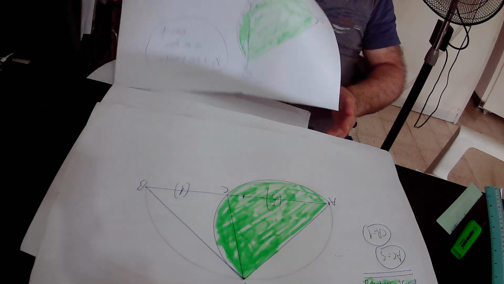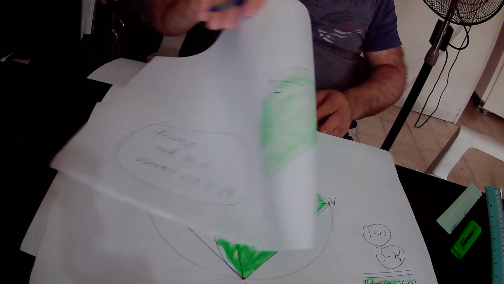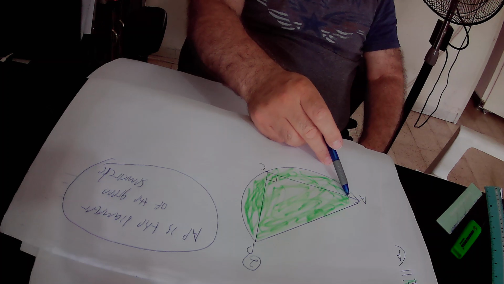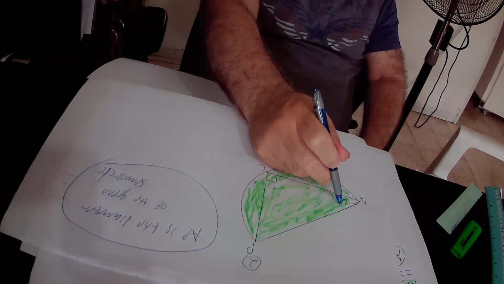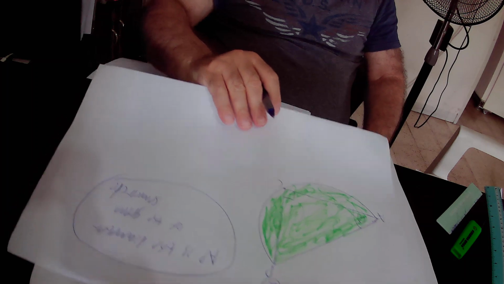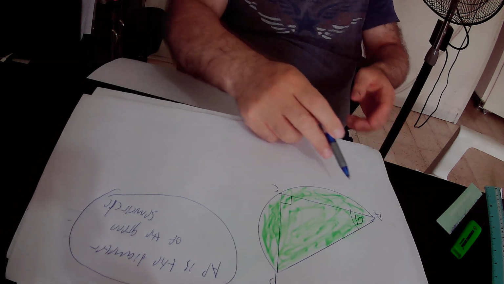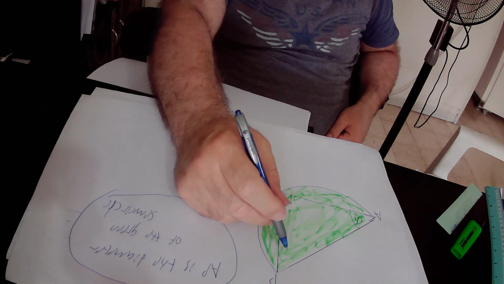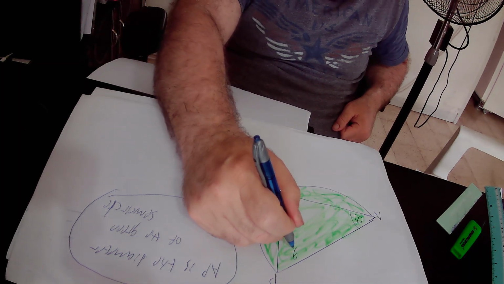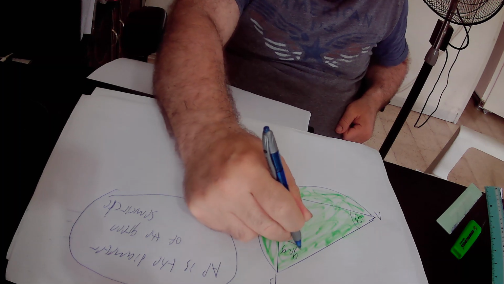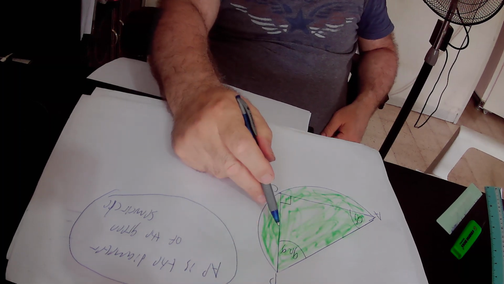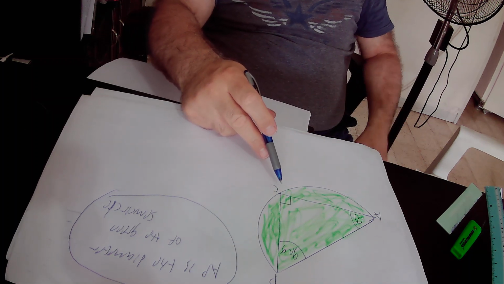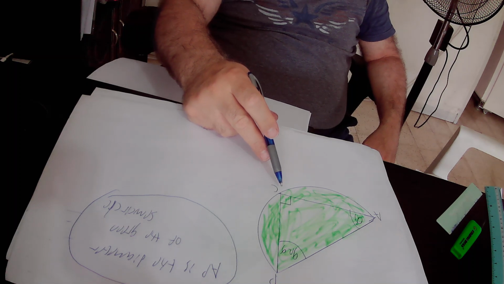Okay, so we define this common angle, angle A, as alpha. So in the right green triangle APC, this angle equals alpha, this angle equals 90 degrees. Therefore, the missing third angle here must be equal to 90 degrees minus alpha. Why? Because 90 degrees minus alpha plus alpha is 90 degrees, and 90 degrees plus 90 degrees is equal to 180 degrees. That is the sum of the angles in any triangle.